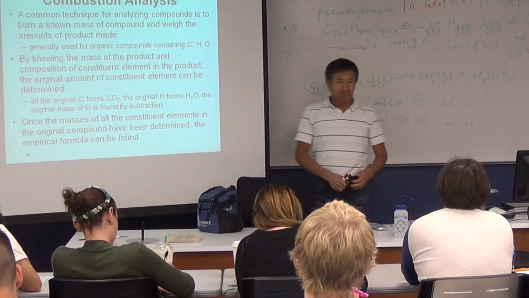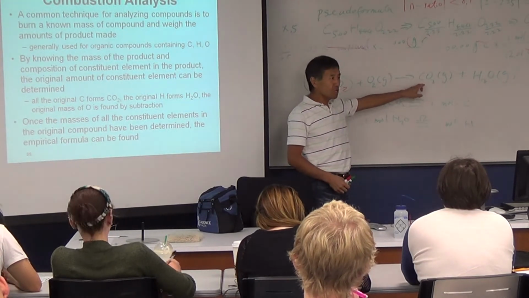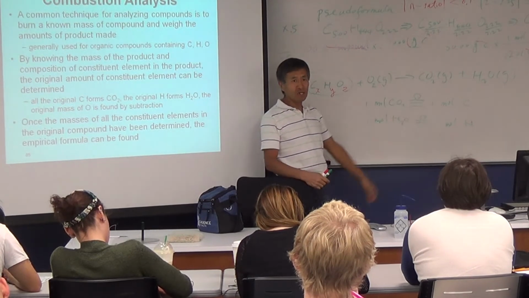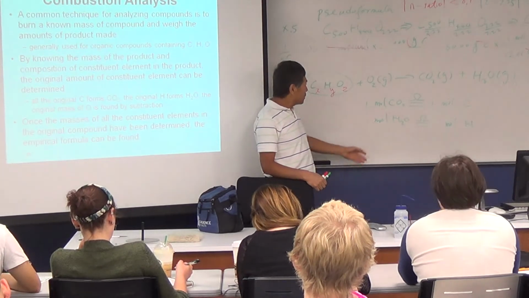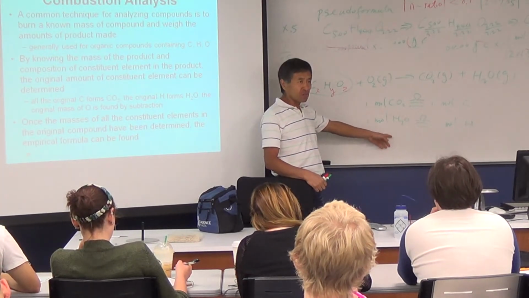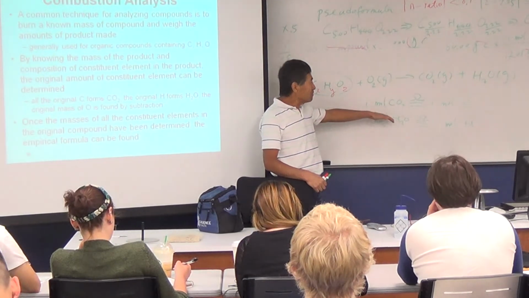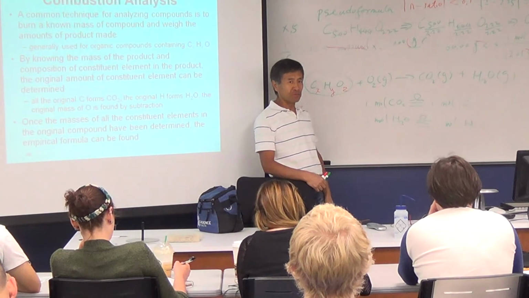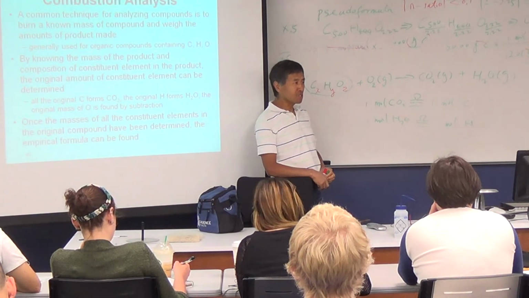All those carbon will go into CO2. All the H, we don't know how much H, but we know it will all go into water. You can find out how much H you have by using the information of H2O, because all the H is in H2O. You can use the information of carbon to find out how much carbon is in the initial compound. That makes sense?